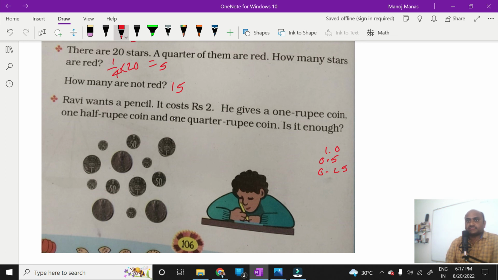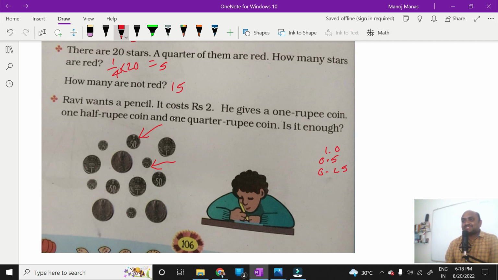Here it is. Okay, have you seen this coin? I don't think you have seen this 50 rupees coin. Rupee coin, I mean. Okay, so if Ravi wants to purchase a pencil, then he has to borrow 25 paisa from Chunni Lal.